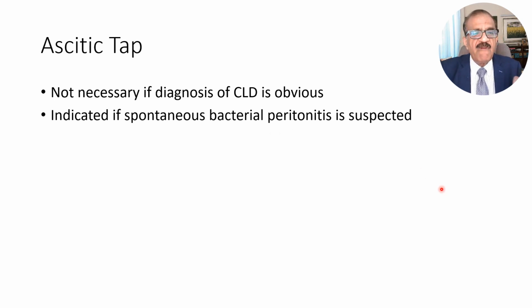So you need to have a high index of suspicion. Anybody with chronic liver disease presenting with abdominal pain and fever should be suspected to have spontaneous bacterial peritonitis, and this patient must have a peritoneal tap because this condition carries poor prognosis if not treated properly.